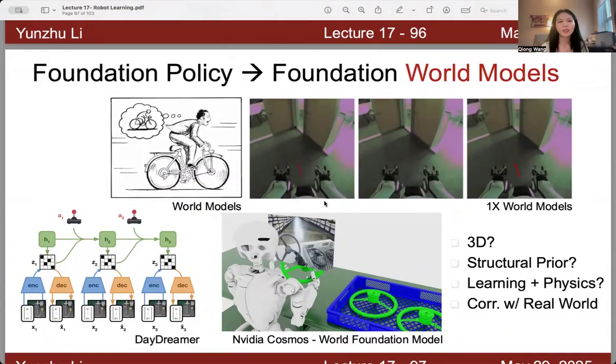There are still some problems with foundation models. For example, it is a little hard to do 3D tasks, and how do we control the structure, how can we learn physics, and how can we correct the wrong signal from the real world.